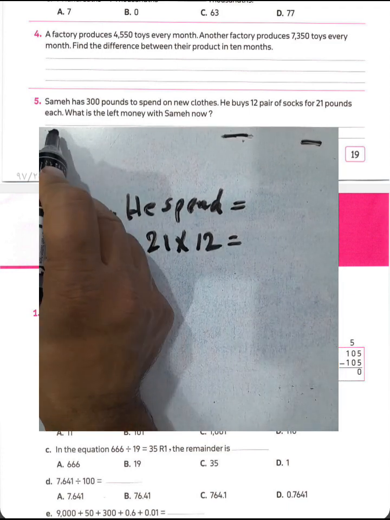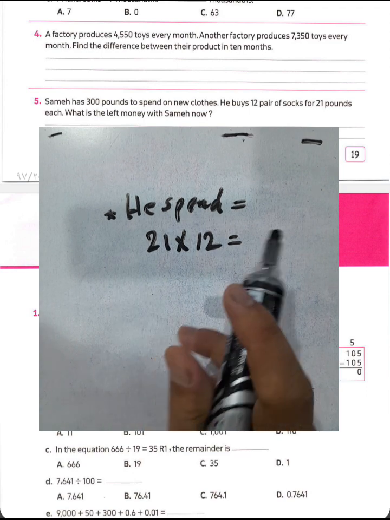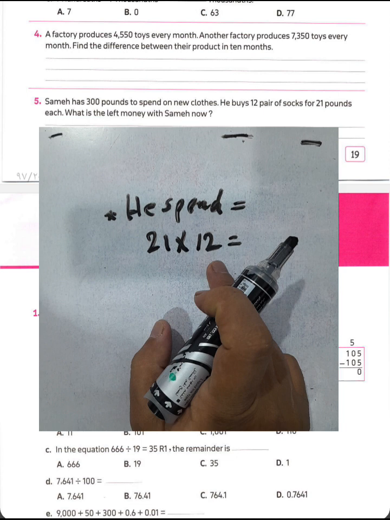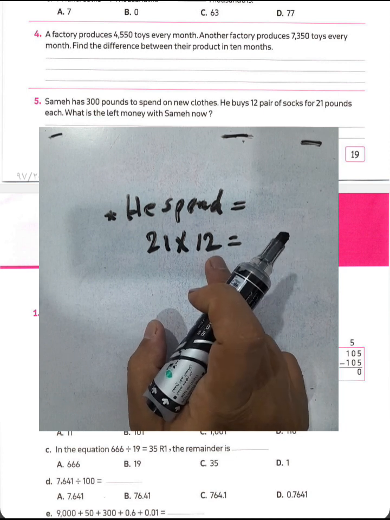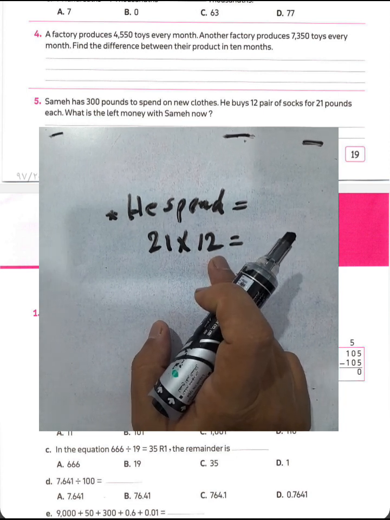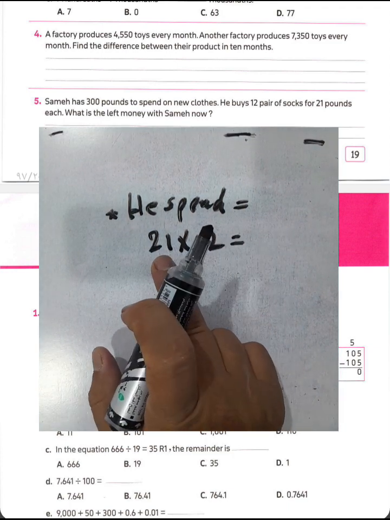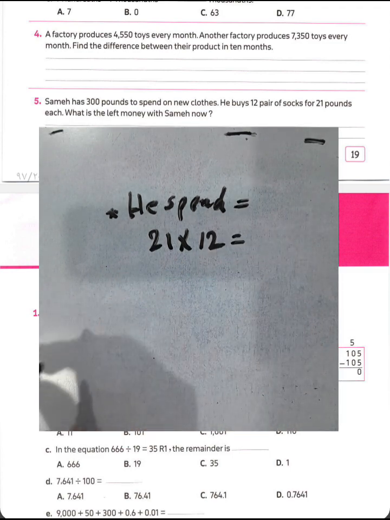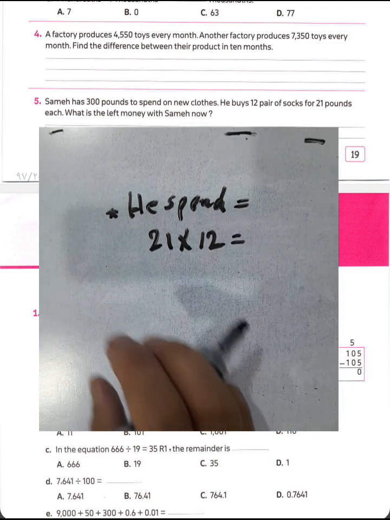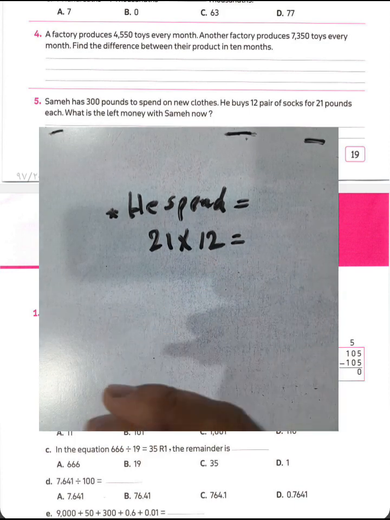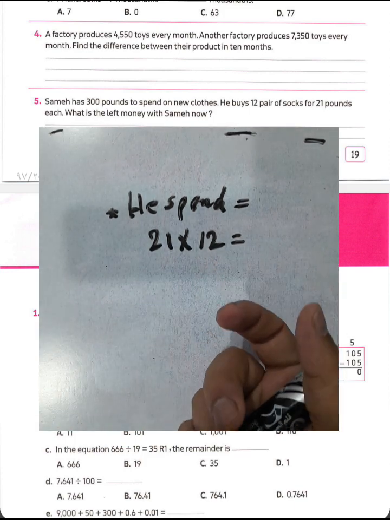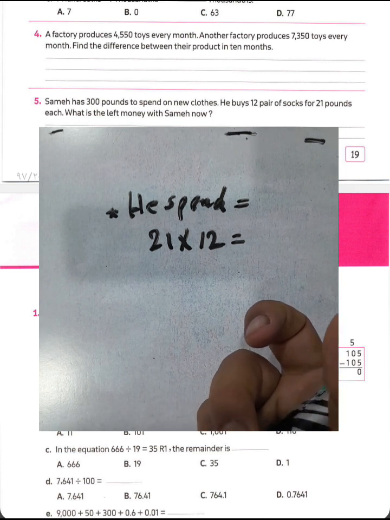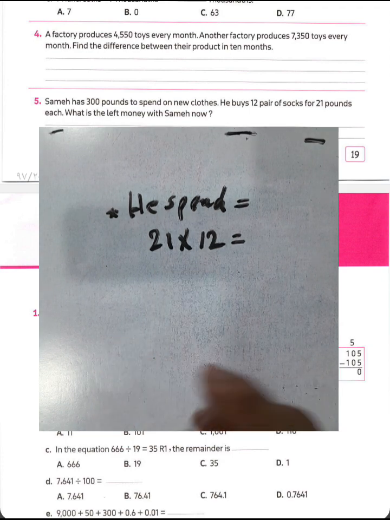This word each means the money of each sock equals 21 pounds, and he pays for 12 pairs.